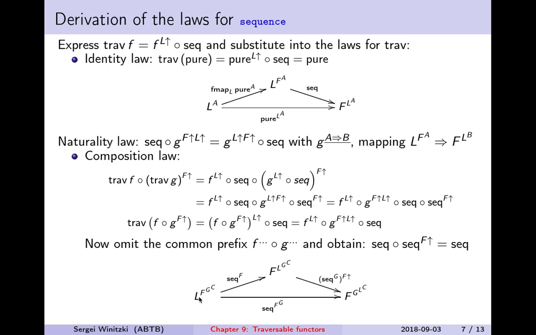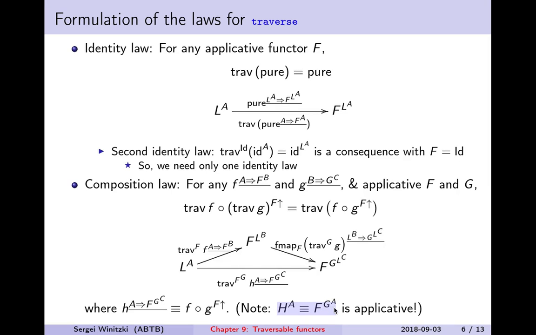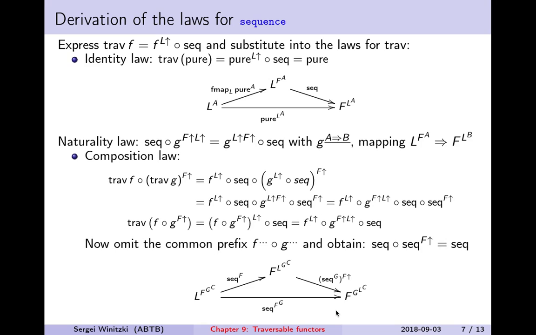Alternatively, we could sequence with respect to the functor f of g. This is maybe not a very nice notation, not very consistent, but this is the composition of functors f and g. So it's the h that I mentioned here. I should probably, for clarity, use h instead of fg.